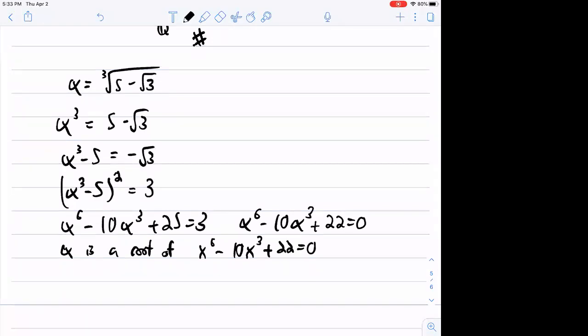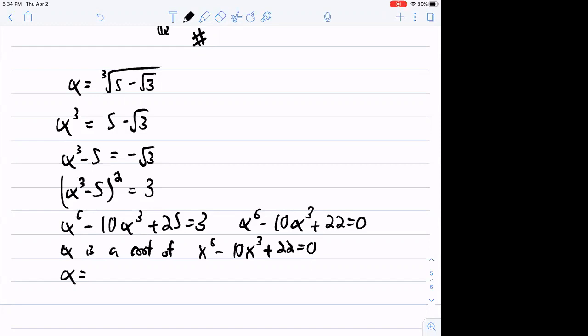So here, what are the factors you have to check? Oh wait, sorry. It would be plus or minus 1 and then plus or minus 22. No, this is why the previous method was better.